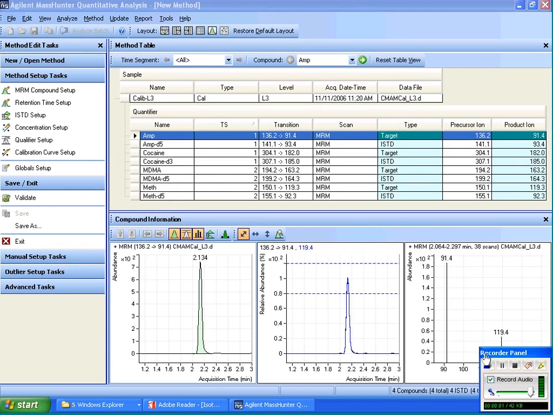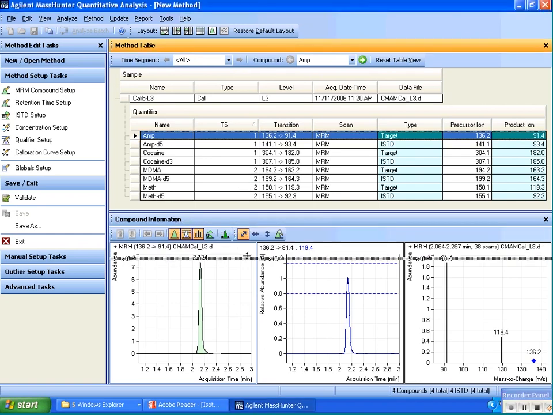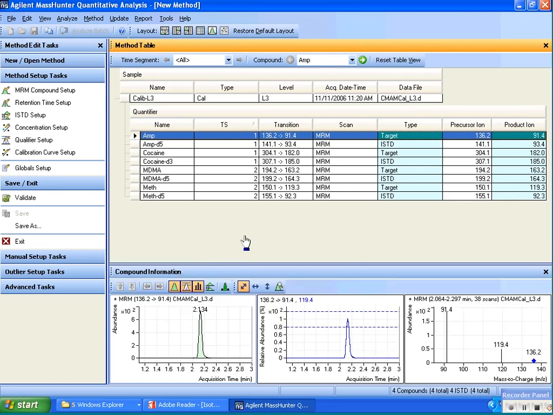I'd like to show you a feature which is useful when you have larger methods. In this case, the first two compounds are in time segment 1, and the other compounds in this method are in time segment 2. So imagine that I had a lot of compounds and I had divided them up into time segments to do my MRM quantitation.